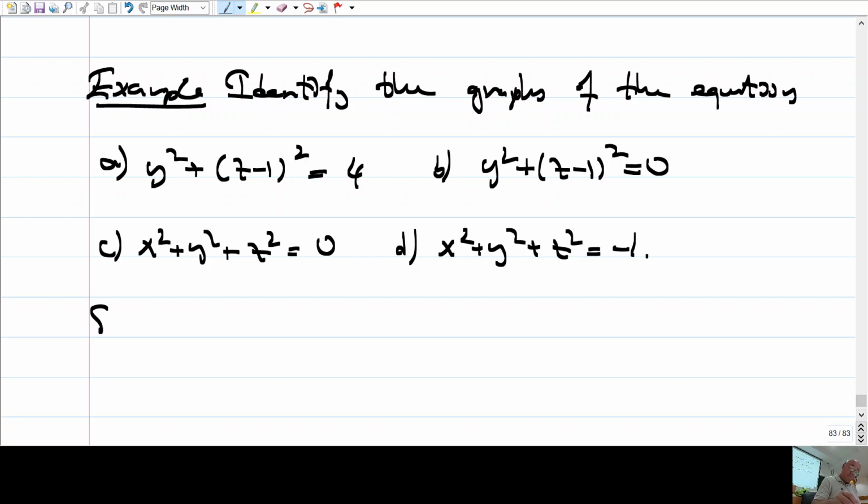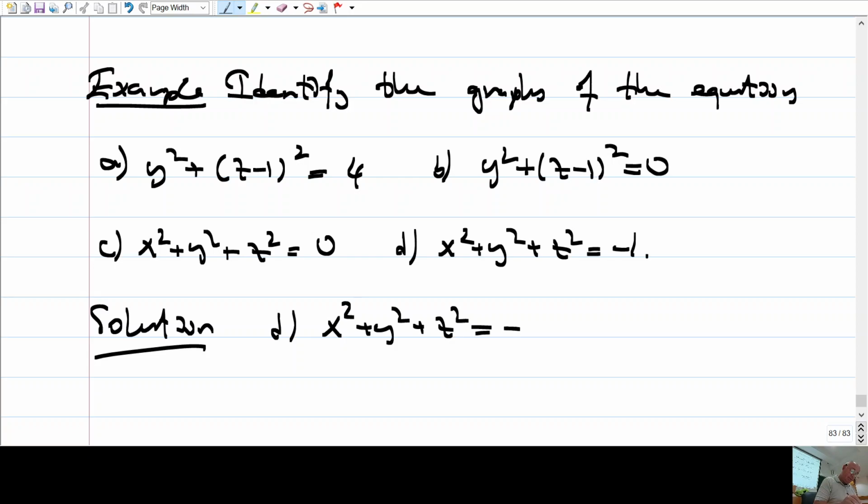Okay. Now, let me do part A at the end. Let me start from D. So this represents the set of all points in three space so that the sum of the squares of the coordinates is equal to -1, right?